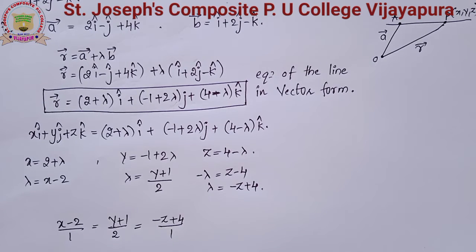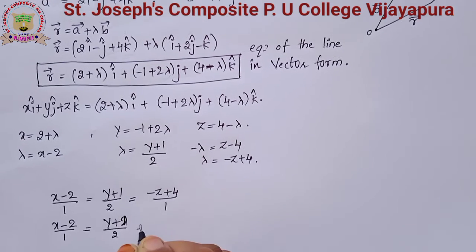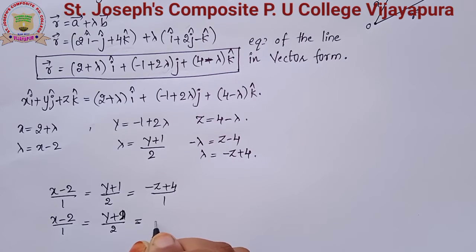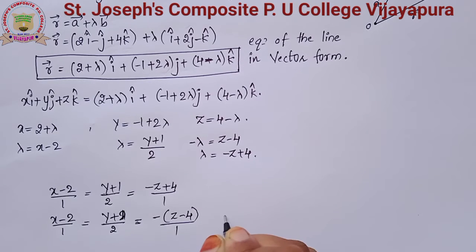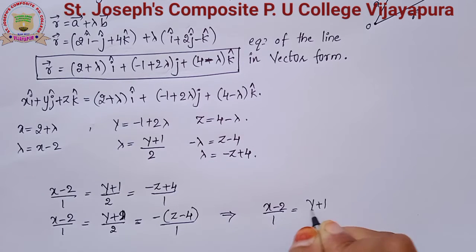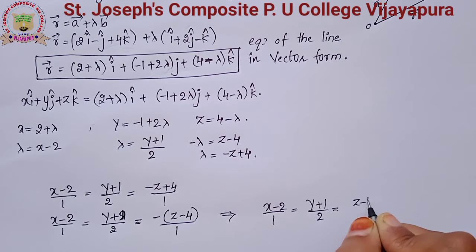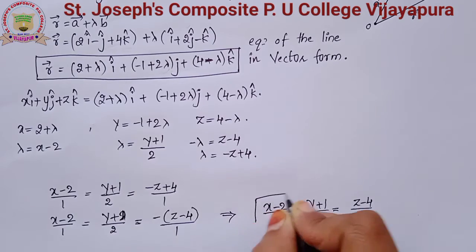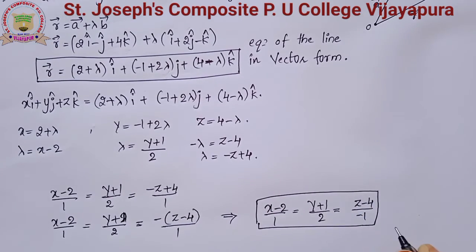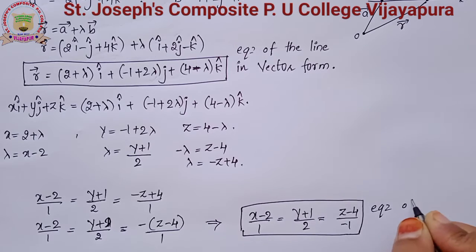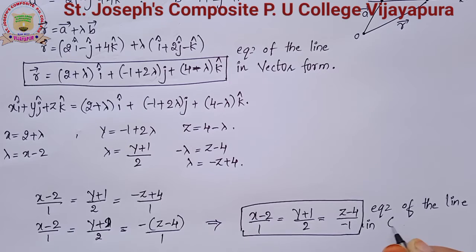Or you can write this as (x minus 2) by 1 is equal to (y plus 1) by 2 is equal to, taking the minus common, (z minus 4) by minus 1. This is the required equation of the line in Cartesian form.